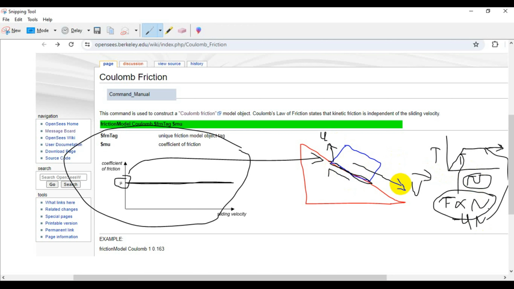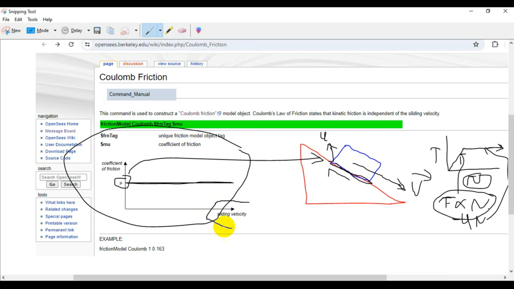So if the relative velocity is zero, it means sliding is not occurring. The friction is increasing, and after reaching a certain point, it remains constant and the sliding velocity starts increasing. So the model itself sits between these two parameters because it represents the relationship between the transmitted force and the sliding velocity.